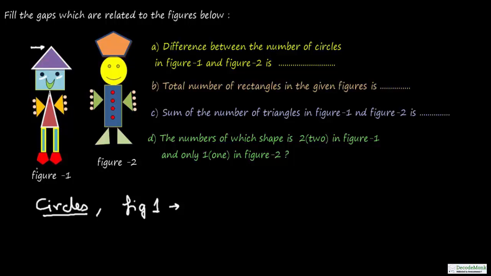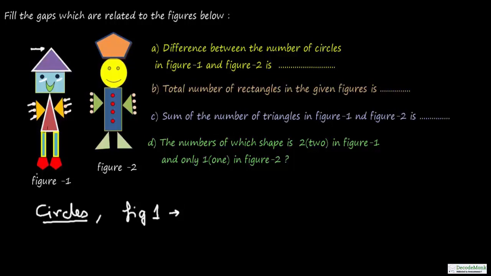Then as you come down, these are triangles, these are not circles. Then the fingers are circular. So 1 2 3 4 5 6 7 8. So till now you have found 8 circles. Coming to the legs and foot, there are no further circles. The circles in figure 1 is 8.